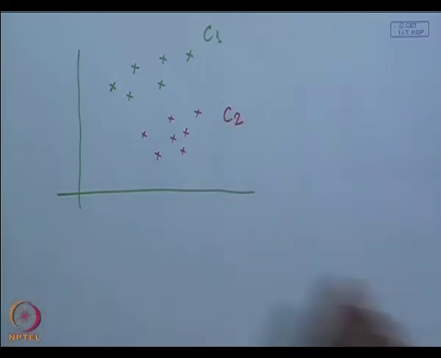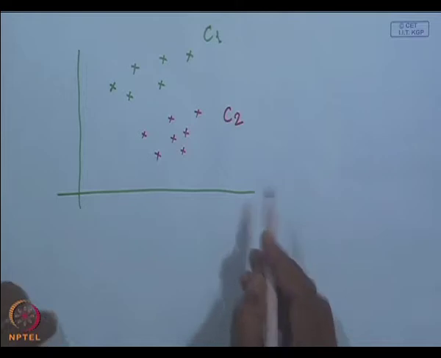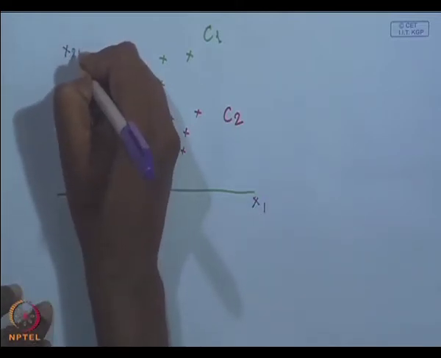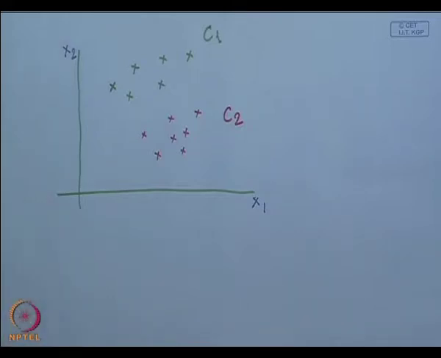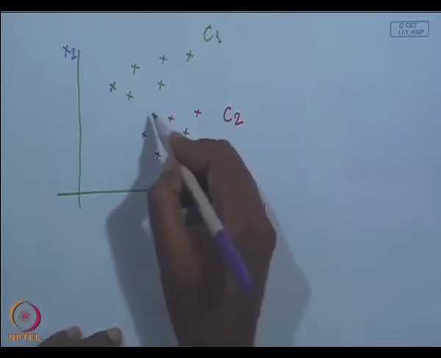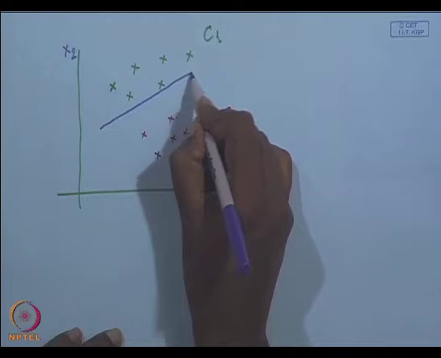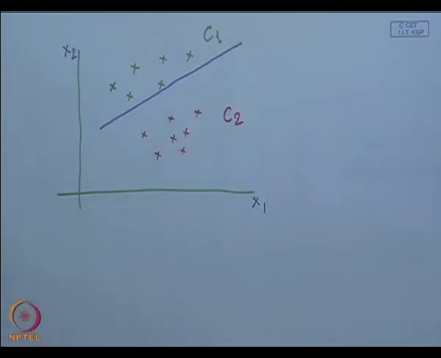This is my x1 dimension if I have a 2-dimensional feature vector, and this is my x2 dimension. So, these are the two components of the feature vector. Now, if I have a classifier or a hyperplane in 2 dimensions, which is a straight line, as we said earlier, something like this.